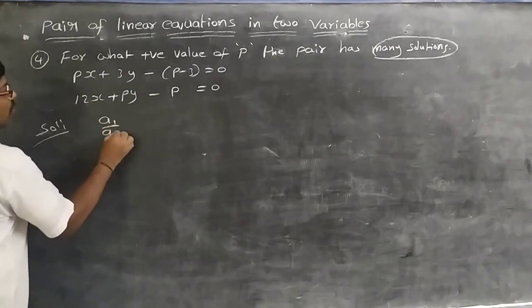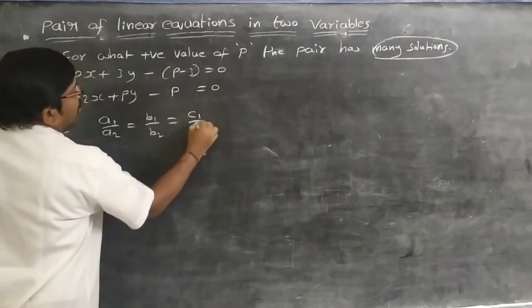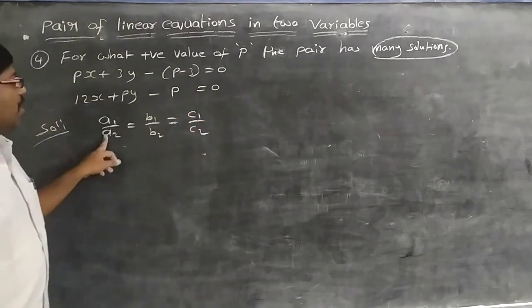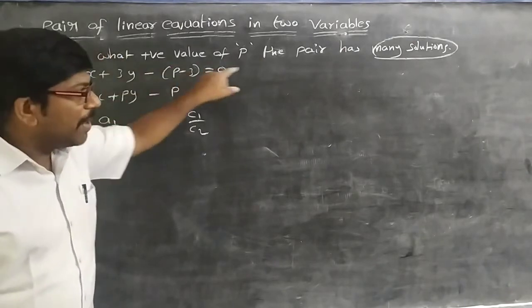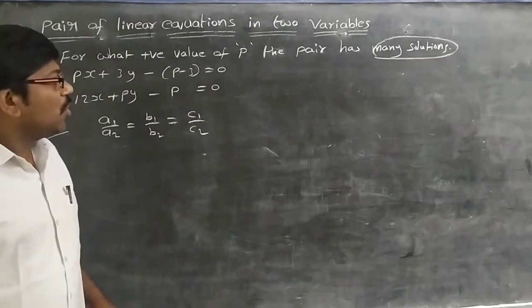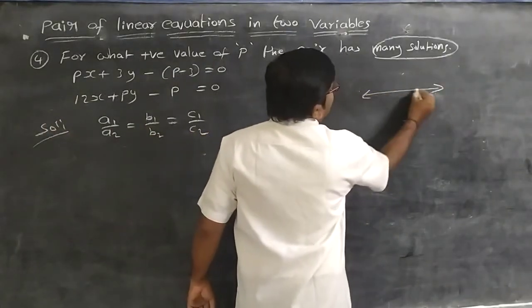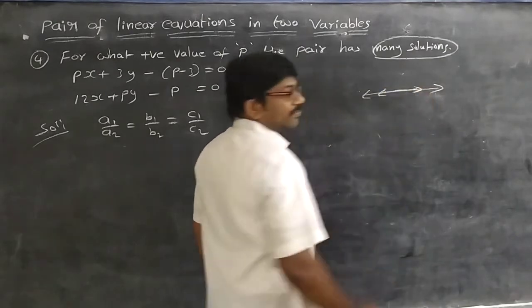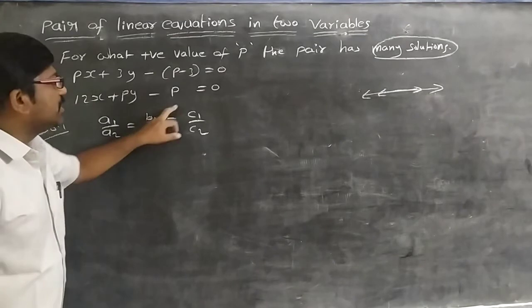A1 by A2 is equal to B1 by B2 is equal to C1 by C2. So if all the ratios are equal, then the pair has many solutions. Many solutions means the two lines are coincident to each other like this, right? Yes, A1 by A2 equal to B1 by B2 equal to C1 by C2.